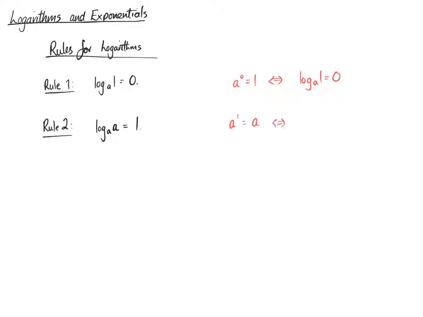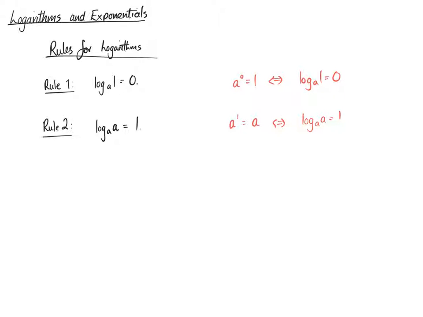And again, that just rearranges, and that would give us log to the base a of a equals 1. So log to the base anything of that same thing is just 1. And that gives us a nice point when we're plotting log graphs. So we know that at the base value it's always going to go through 1.